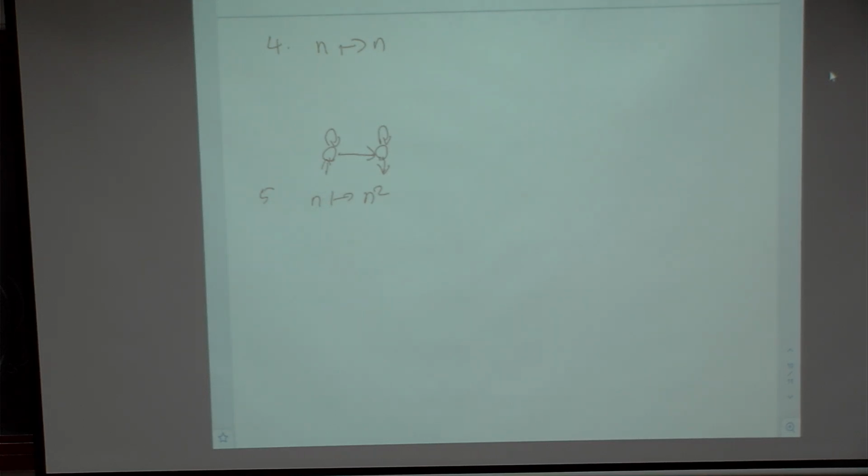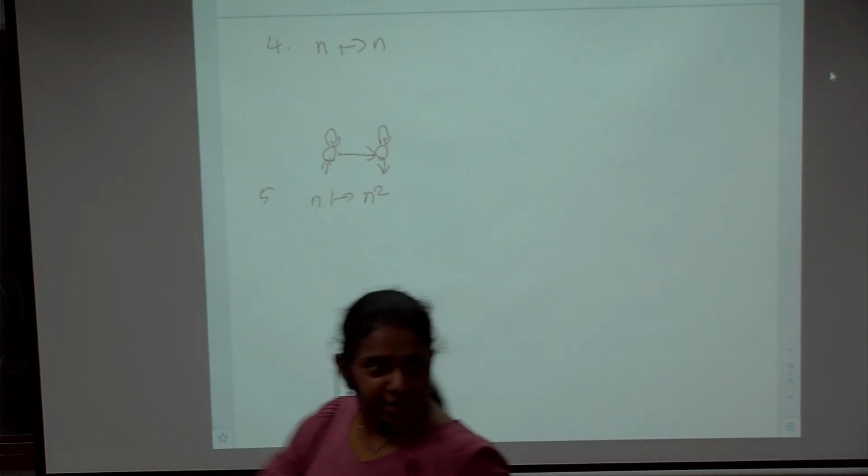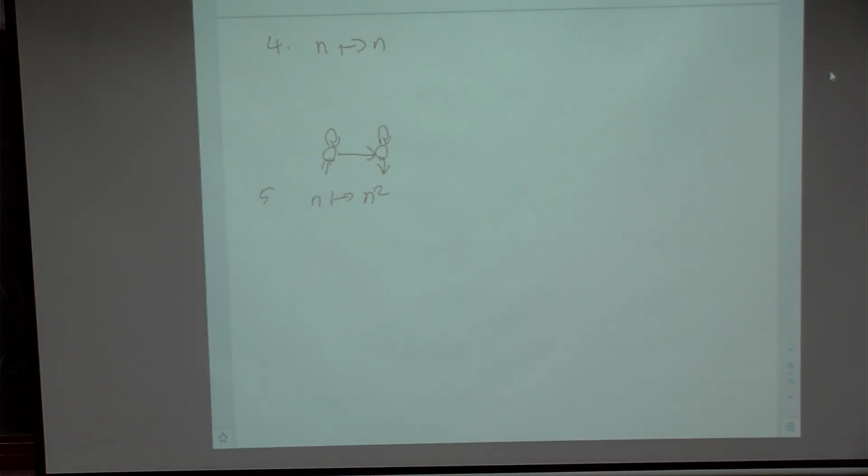That is not n square. How do you get n choose 2? Now just show me how you get n choose 2. And the next question is n cube. 3 to the n.